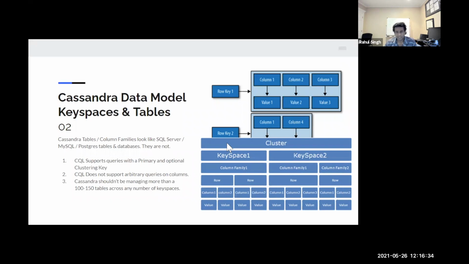And those tables exist in a key space, okay? And a key space generally is the single unit of collected data that could be replicated once or twice in one data center or in multiple data centers, right? So when we talk about data centers and replicating data, we're talking about replicating data at the key space level.